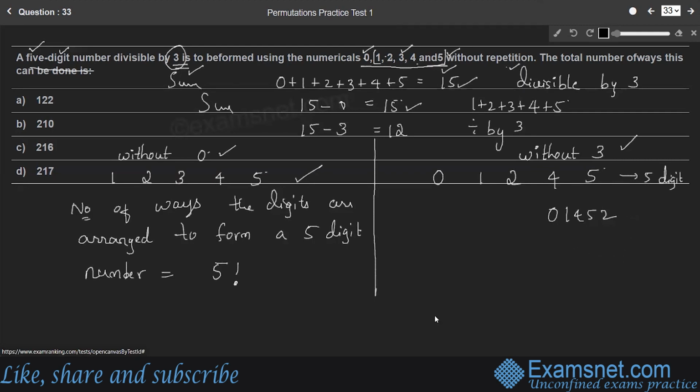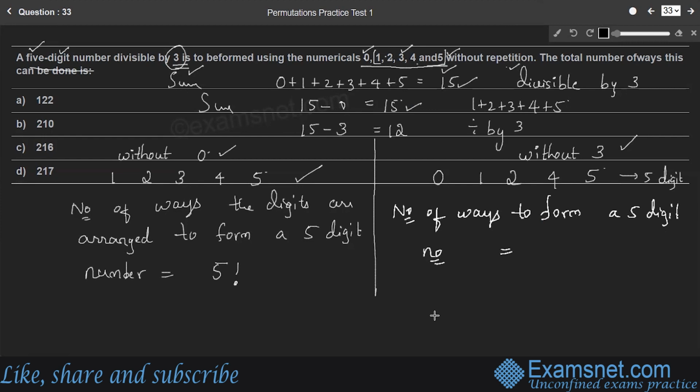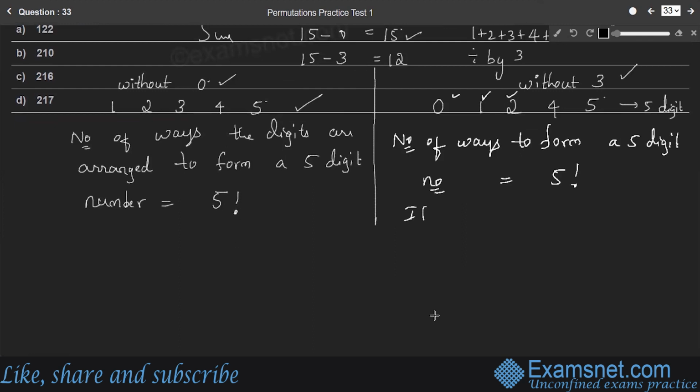First, the number of ways to form a 5-digit number, so here are 5 numbers, 0, 1, 2, 4, and 5, which is 5 factorial. If the number starts with 0, it becomes a 4-digit number.